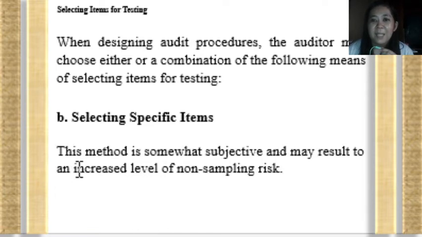Okay, so selecting specific items, this method is somewhat subjective and it may result in an increased level of non-sampling risk.